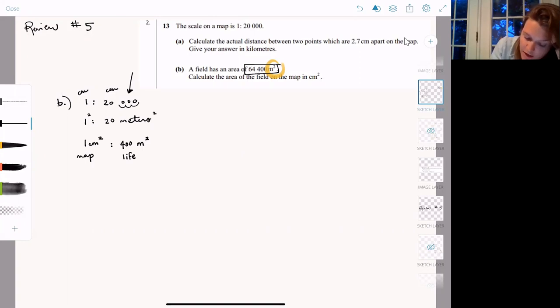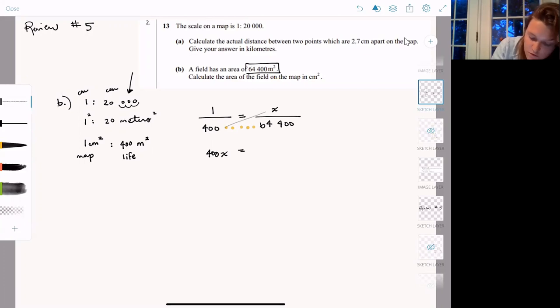Okay, so we know that if we set up that proportional equation, 1/400, and then where do we put what? So when I'm looking at the values that I have here, in real life, I've got 64,400, so that's going to go on the bottom. And then up here, we don't know what that is, so we're going to name it X. And now I multiply to give me 400x equals 64,400.